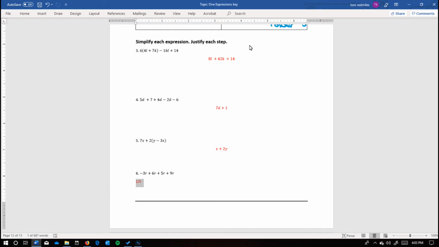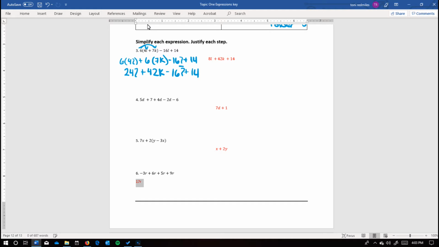The first thing I need to do is distribute out this 6, which means 6 times 4L plus 6 times 7K. And then I'm just going to write down the rest of it. Now 6 times 4 is 24L, plus 6 times 7 is 42K.